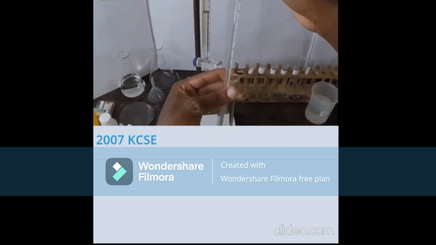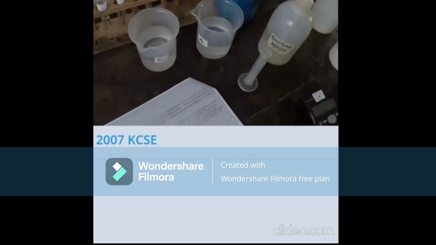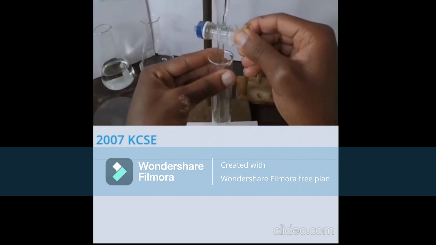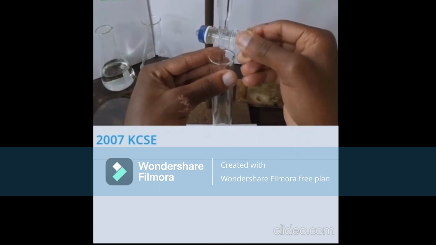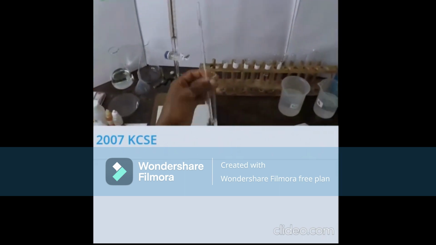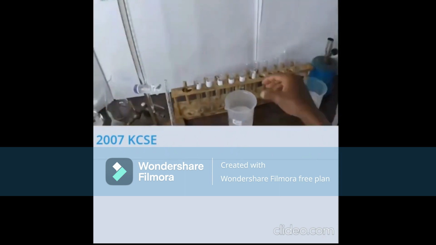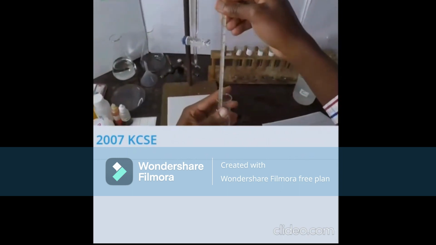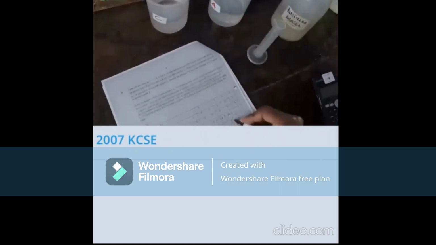Where do you normally find it difficult? Because you are just following what you are being told, and you have been provided with everything. You have been given all the apparatus, all the required reagents. Your work is just to follow the procedure keenly, do your work.